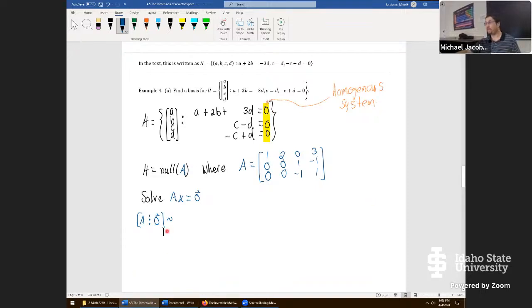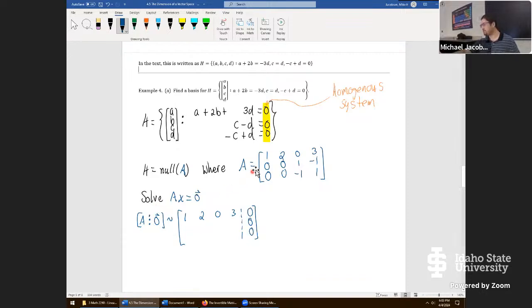We'll start the reduction right away. I'm going to augment it with the 0 vector, but it's a lot of copying, and we know nothing changes on the right-hand side for the 0 vector. So let's just start with our row operations right here and now. I'm going to copy in row 1 and augment as well: 1, 2, 0, 3. And here's the 0 vector being augmented in.